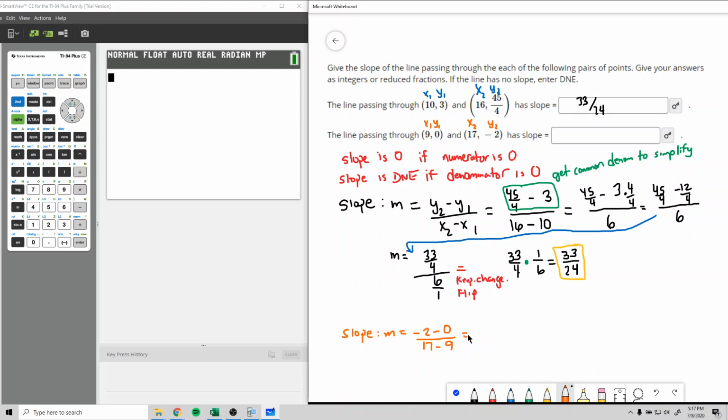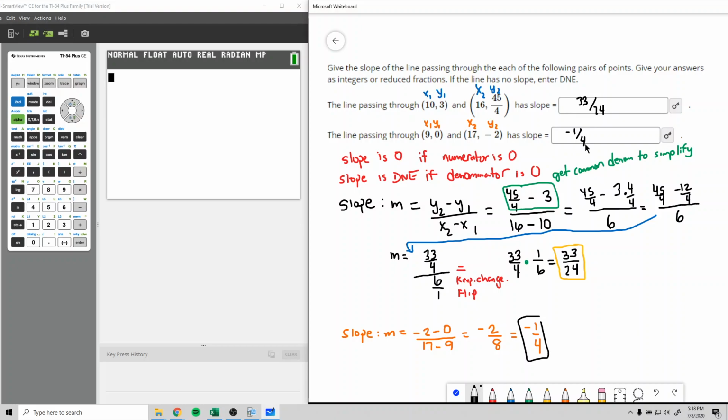Since they're all whole numbers, we avoid most of the work that took up here, which is getting a common denominator. And we just simplify. -2 minus 0 is -2, over 17 minus 9 is 8. And this we can simplify. There's a 2 in common. We get -1 over 4. So the answer for part B is -1 over 4.